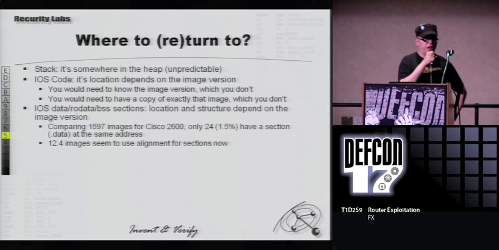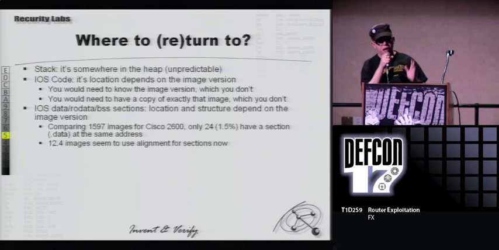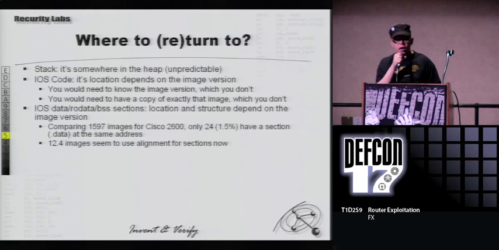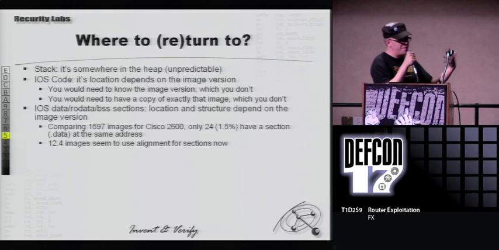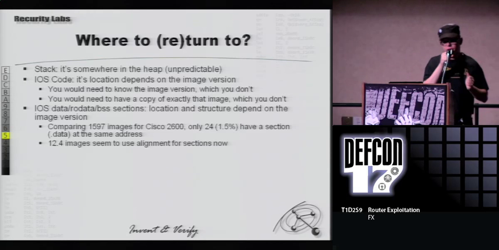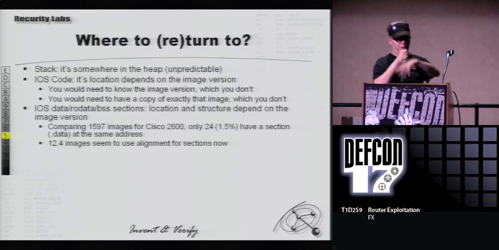In the other sections, for this talk, I actually went ahead and compared the 1,597 images for the 2600 machine, and compared the addresses of the sections, because I thought, well, maybe they actually align sections to an aligned address. But they're trying really hard to keep this small, because they're putting so much bullshit in it.